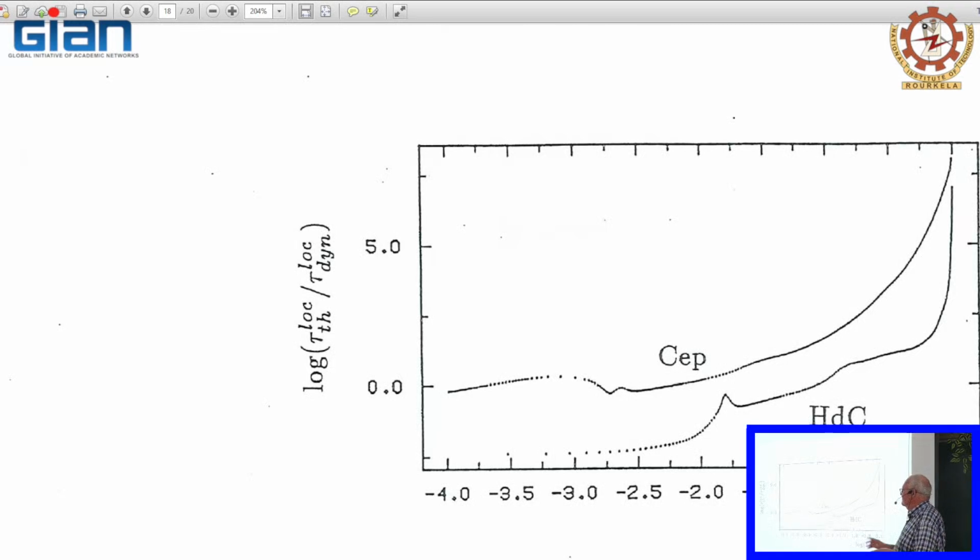What does it mean once the thermal timescale becomes large? Yes, that's true. If the thermal timescale becomes large, that means it takes a long time for the fluid element, or the mass element, to exchange heat with its surroundings.